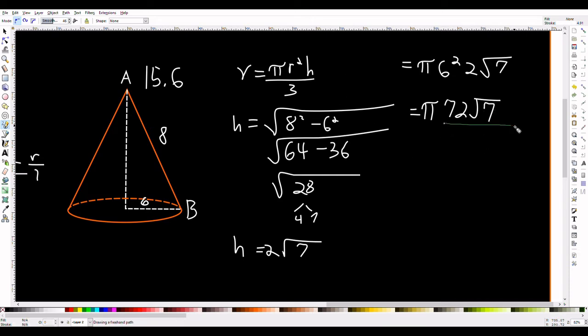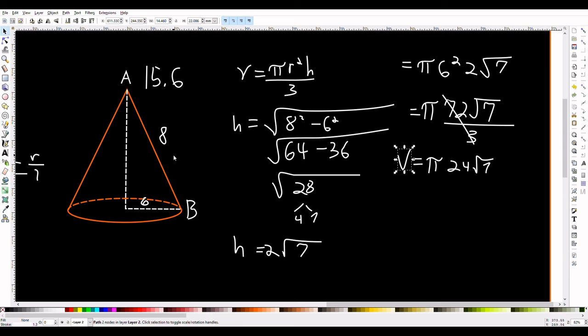As usual, I forgot to divide by 3. So the volume equals pi times 24 times root 7. That was 15.6. Not too bad.